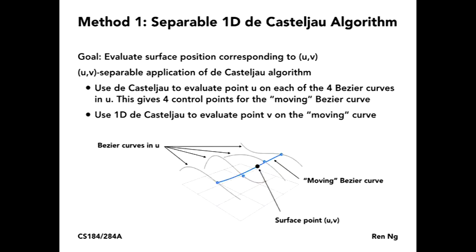One way you could evaluate this is in a separable manner in 1D using the de Casteljau algorithm. How does it work? Very mechanistically, just like I covered it. You take each of the 4x1 control points that form the horizontal lines of this grid, and you use the de Casteljau cutting algorithm to get a position on that curve for a particular U value.